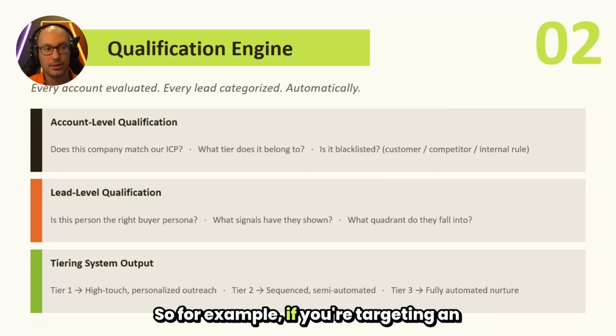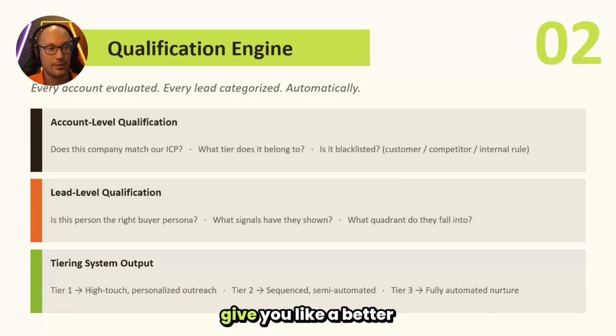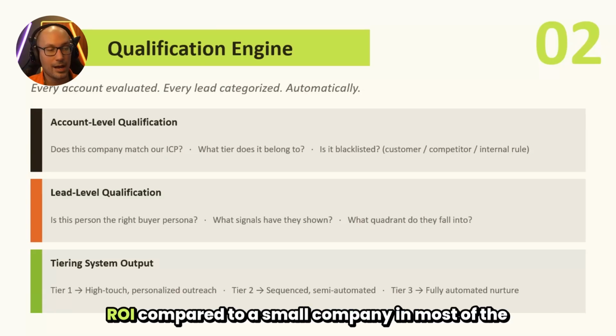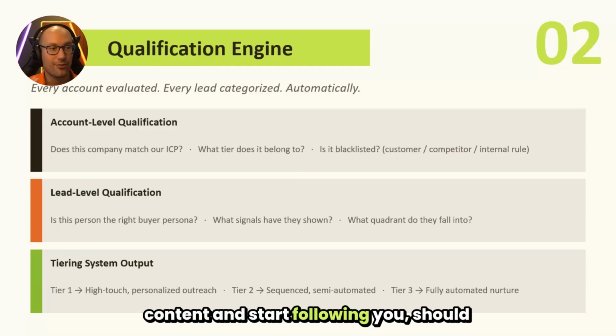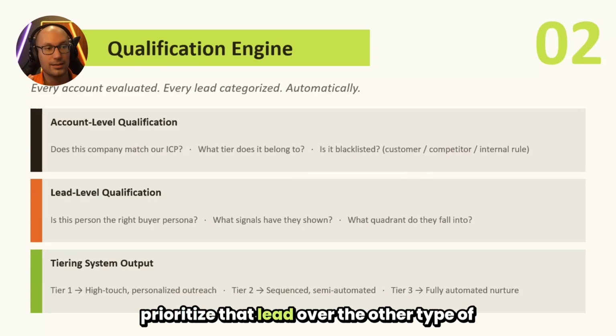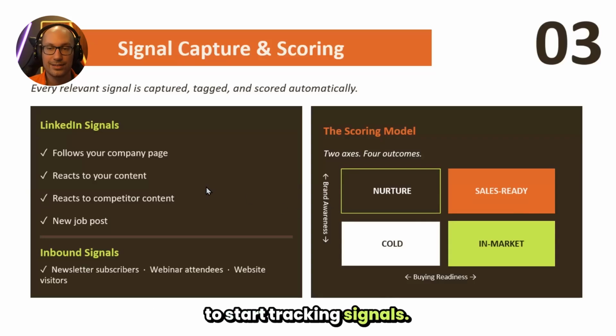For example, if you're targeting an enterprise client, that type of client should give you a better ROI compared to a small company in most cases. So if an enterprise client reacts to your content and starts following you, you should prioritize that lead over other types of leads.